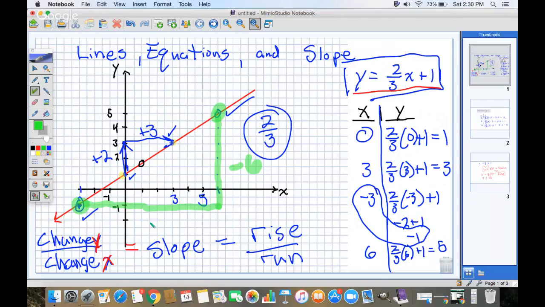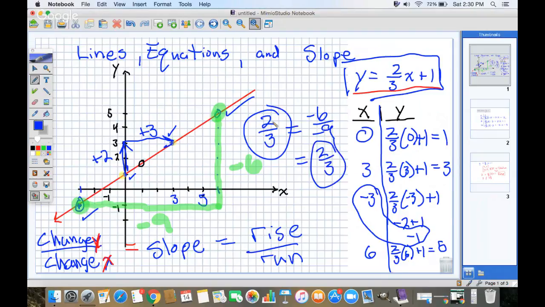And I'm going left, so that's a -9. So I can also say my slope, and these better be equal, is -6 over -9. Now let's reduce that. Negative over negative is a positive. 3 goes into 6 twice, 3 goes into 9 3 times.